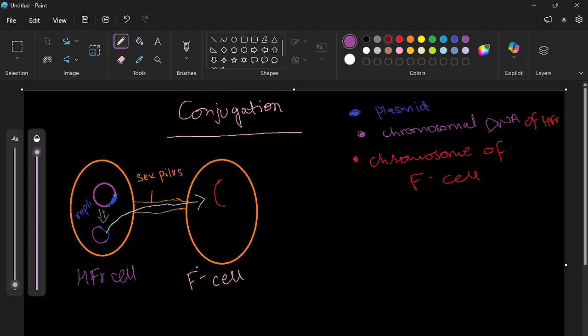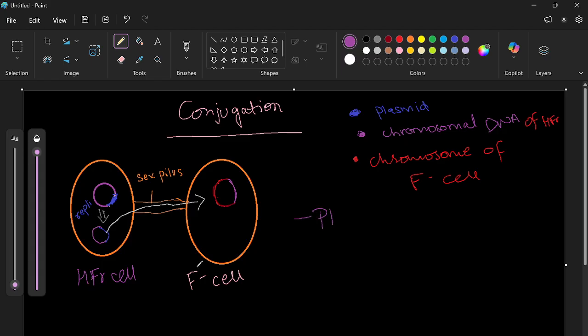So this is the normal bacteria with its chromosome, the F minus cell. When this replicated chromosome plus plasmid are going into this cell, only a portion of the chromosome will be able to integrate into this chromosome. And there's a huge point to notice here: the plasmid has not been transferred.